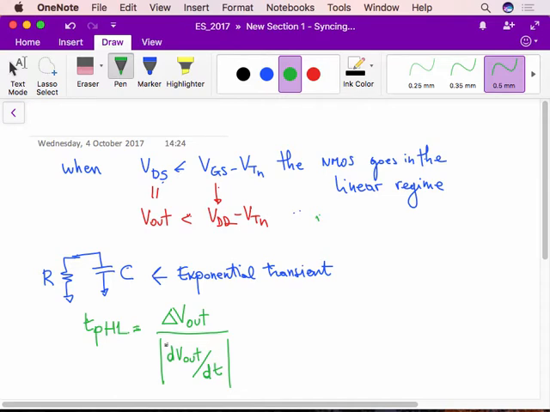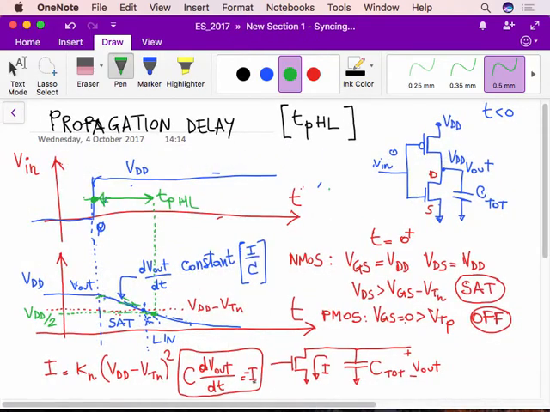I put here the absolute value so that we can compute the variation of delta V out in only absolute terms. So we have here VDD half, and here dV out over dt, if you remember, is the current divided by the capacitor.